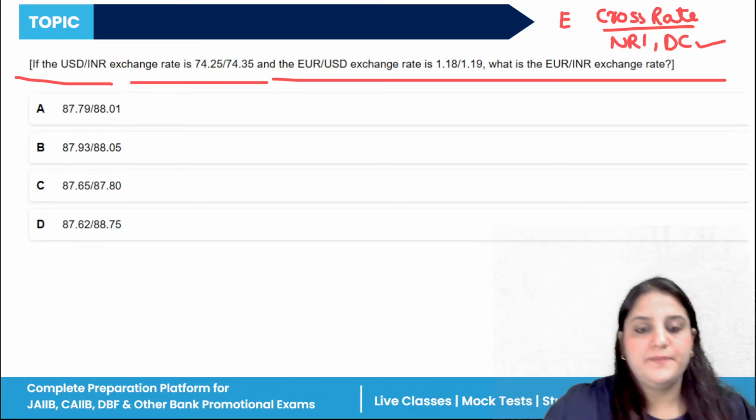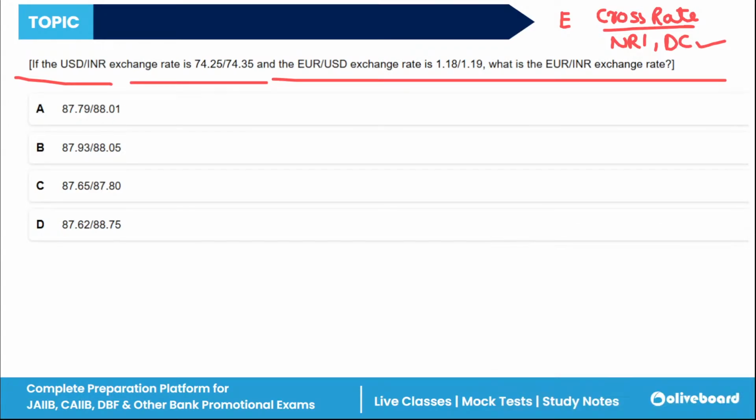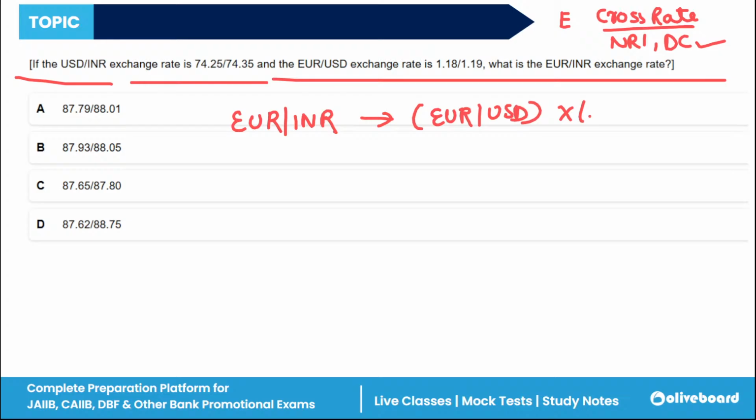So see here, how can we calculate? Simply, we know that the US dollar INR rate is given. So for Euro INR, what we have to do is multiply Euro US dollar by US dollar INR.